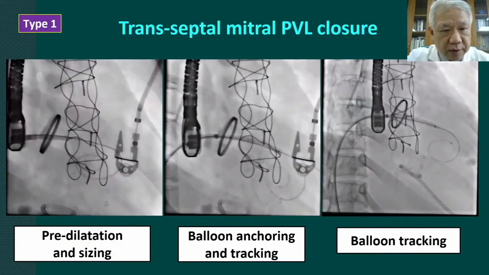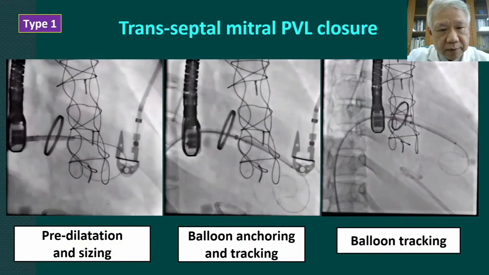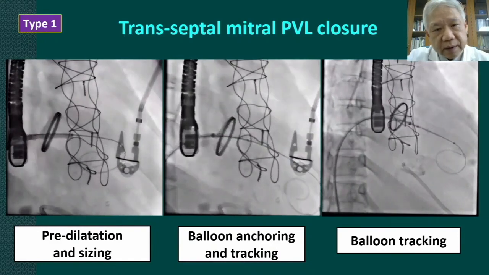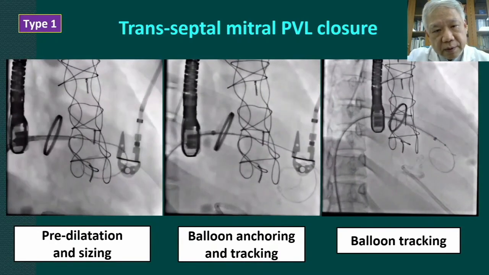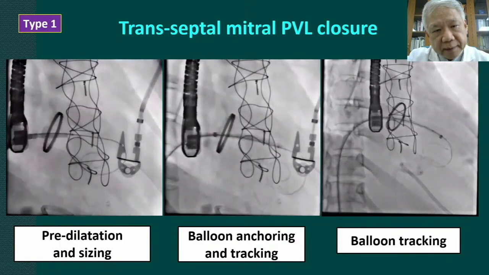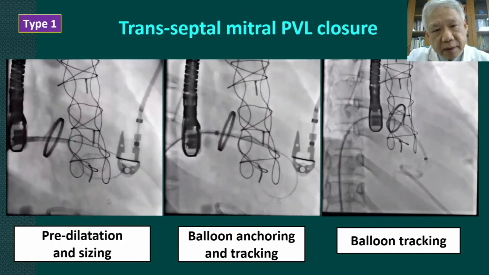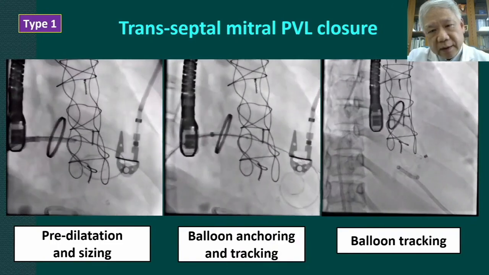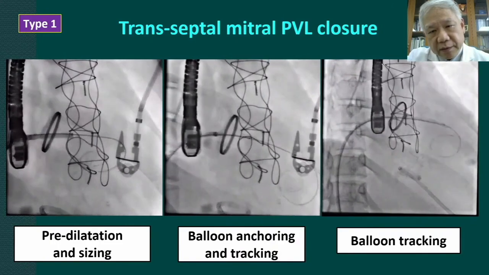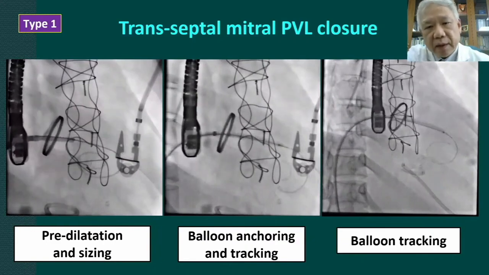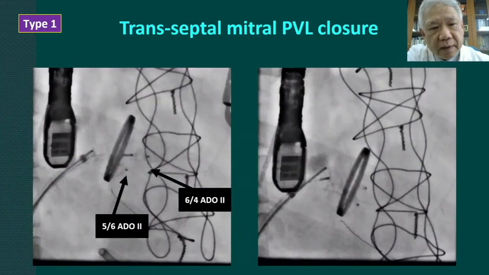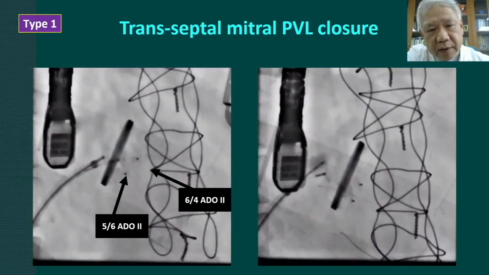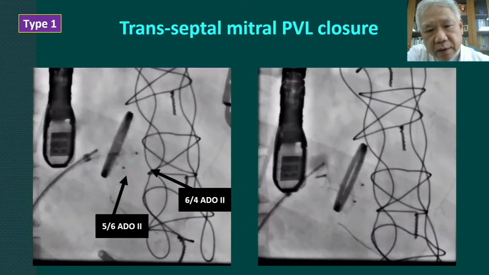However, as you can see, even with predilatation and balloon anchoring, the catheter is difficult to cross the PVL. Finally, we use a balloon tracking technique to advance the delivery catheter into the LV. Then 2 occluders were deployed simultaneously to seal the PVL.